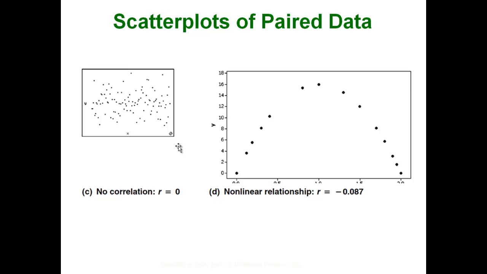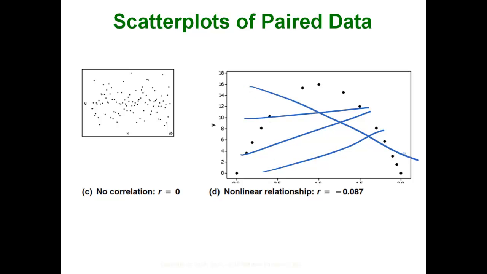If you tried to draw straight lines anywhere on here, whatever direction you wanted, none of them seem to fit the data very well. And so we're going to get a really bad R. But we can see that there's a really strong nonlinear relationship in this data. We could fit an upside down parabola to it fairly well.